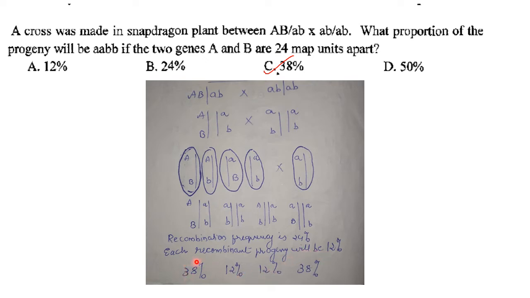The parental will be 38% each. So what proportion of the progeny will be small a, small b, that is the parental progeny they have asked. So here it will be 38%. So answer is option C, 38%.